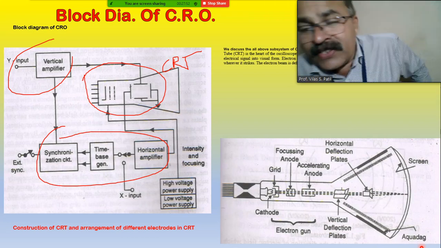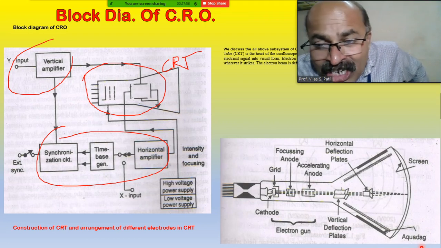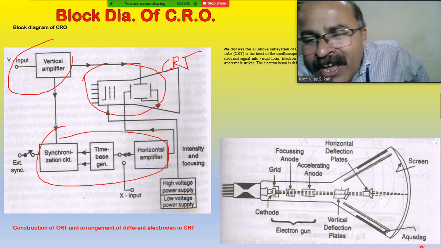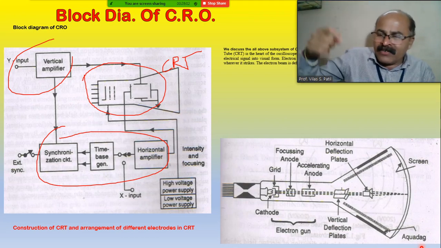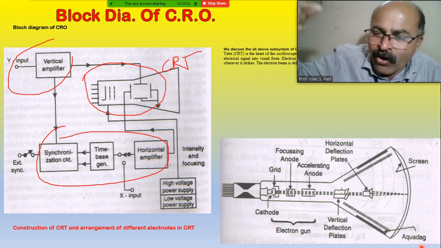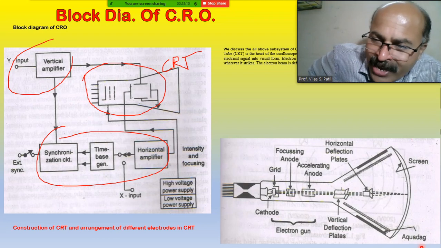In the fluorescent screen, the striking energy is converted into light energy, so we see the spot and a visual indication according to the signal and the movement of the electron beam in the deflection system.